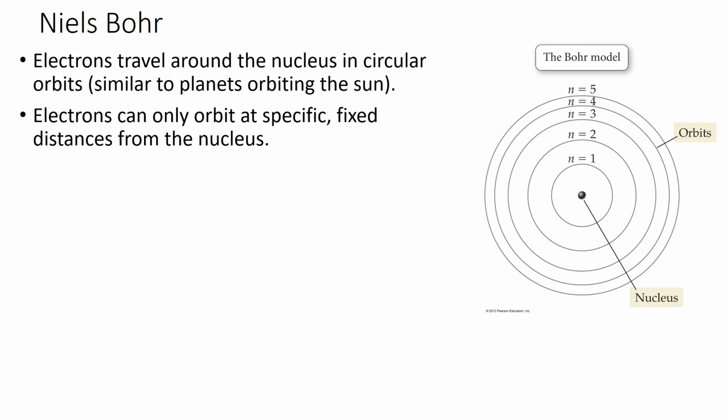So they won't stay in between, but they'll exist at each energy level. One of the things I want us to know, and you can write it on here: energy level N1, or quantum level 1, is the lowest energy.